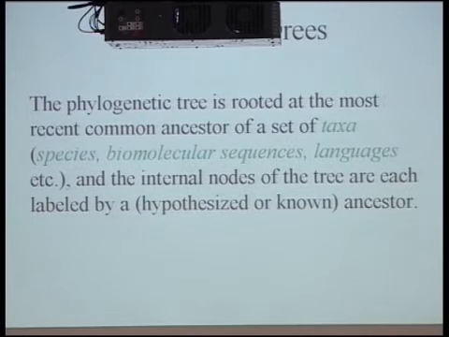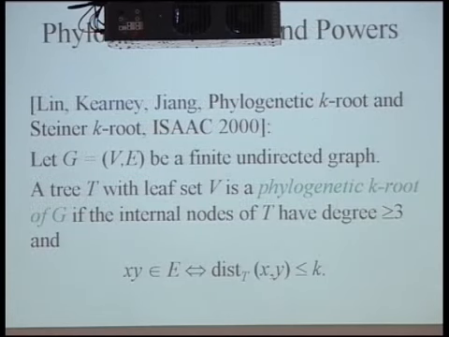It means that you can generalize in a mathematical way and look at so-called phylogenetic K-root and Steiner K-root, which definition came up in a paper by Lin, Kearney, and Jiang in 2000.